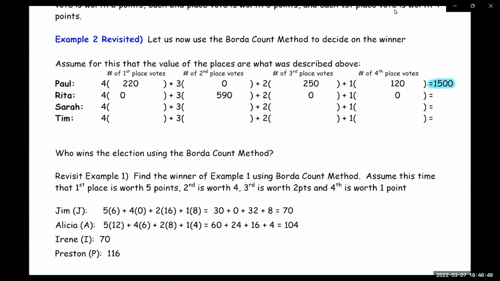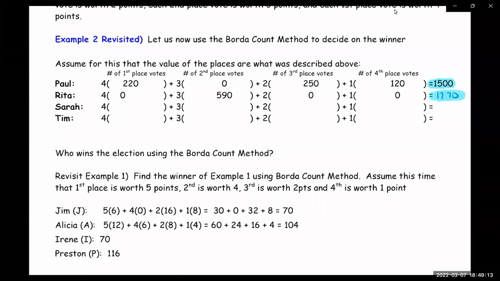Isn't it 590? 590 times 3. Did you do 590 times 3? 1,770. Yeah, it should be 1,770. All you have to do is multiply 3 times 590, because the rest of them are 0. Got it. Yeah, no problem.